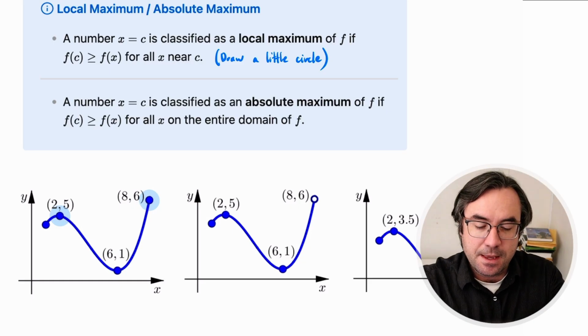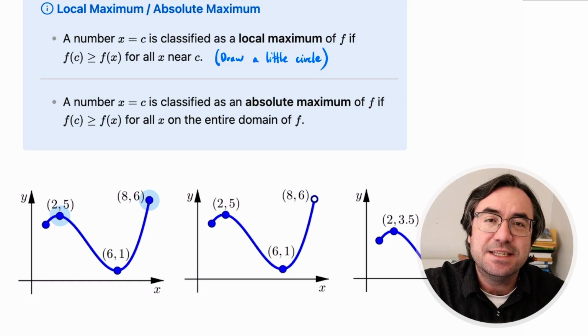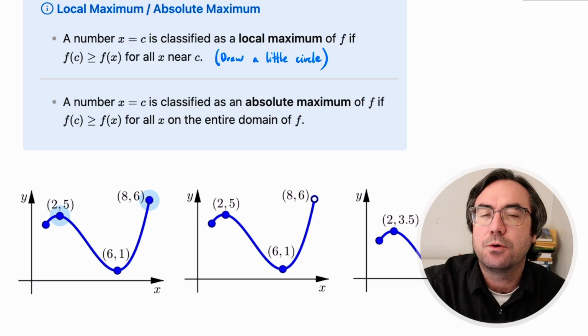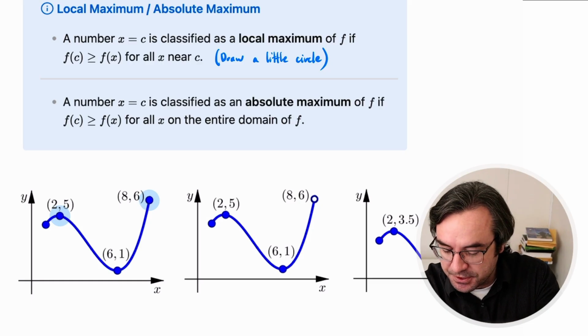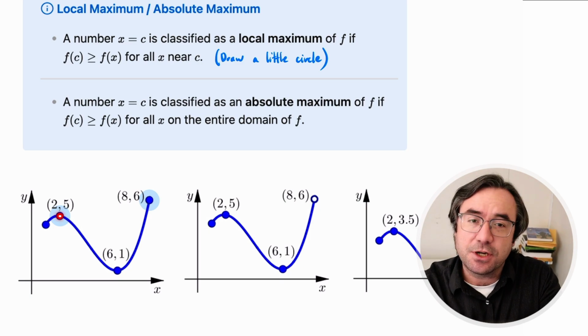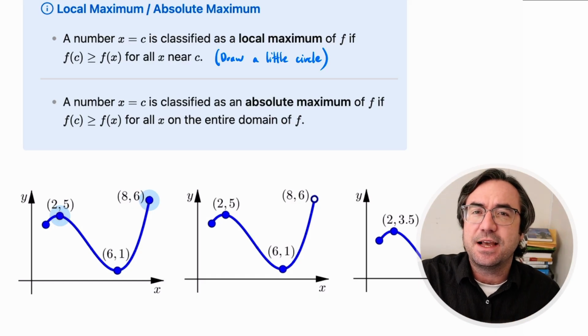All right. Now, let's look at just the section of our graph inside each of those circles and compare it to the point we're thinking is a local max. So let's start with this one. That's the point we're interested in. Let's compare it to all of the other surrounding points on our graph just inside that circle.